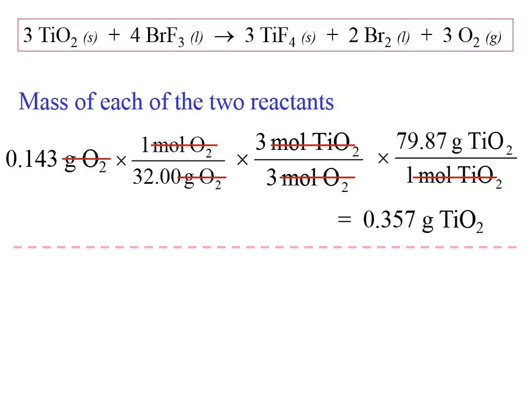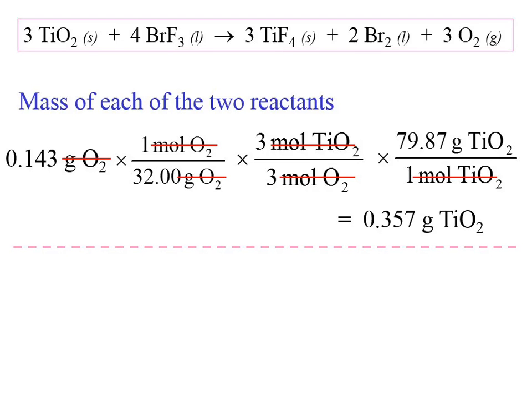Okay, so that was 1A. So 1B looks like this, where we're going from, again, 0.143 grams of O2 to question mark grams of BrF3. So what's the first term going to be? The same thing as the top.